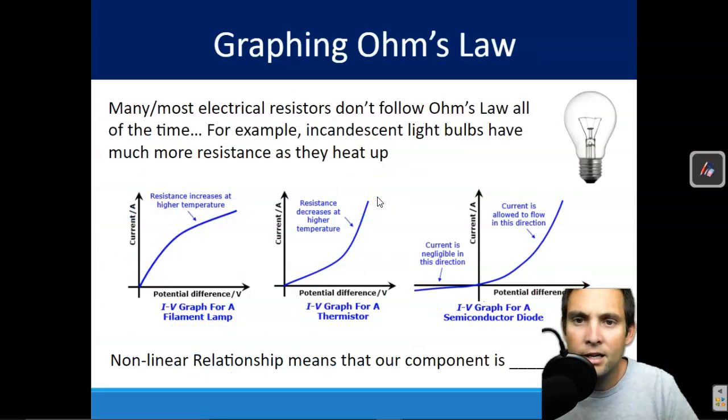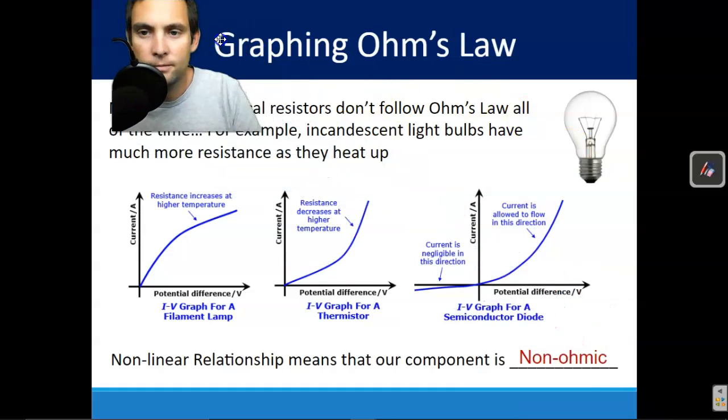Most electrical resistors don't follow Ohm's law all the time. For example, incandescent light bulbs have much more resistance as they heat up. Nonlinear relationships mean that our component is non-ohmic.